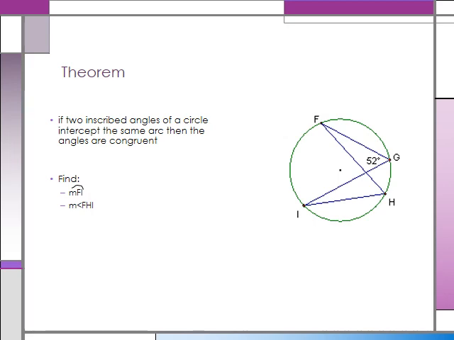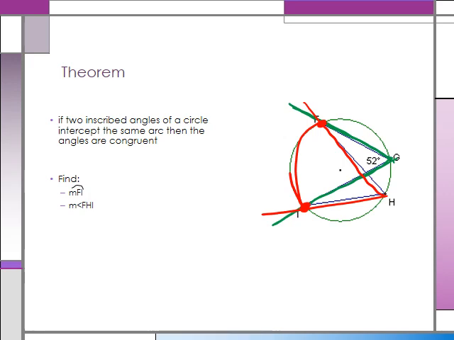So now we have a theorem. If two inscribed angles of a circle intercept the same arc, then the angles are congruent. So I've got angle G, it's right here. Okay, and then I've got angle H right here, and notice that they both go with that intercepted arc.